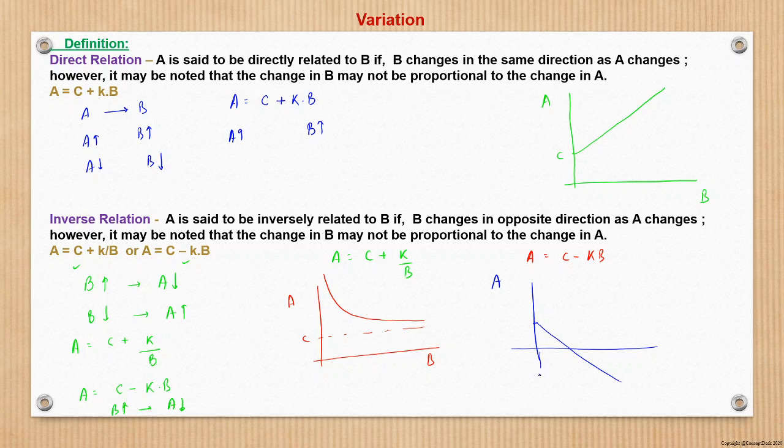This way it will be, and this is the B axis. Here K is positive, assuming K is greater than 0. So some basics about direct relation and inverse relation we have seen.